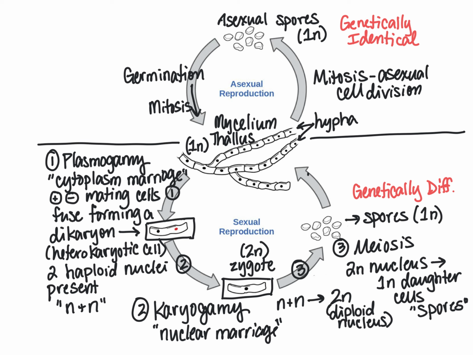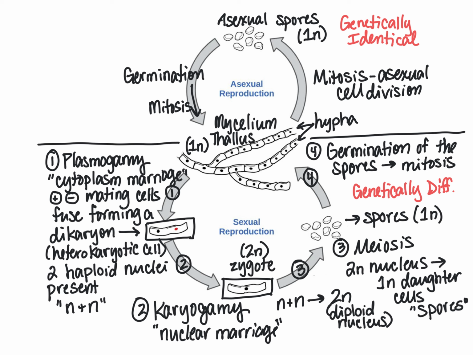The fourth arrow on this diagram stands for germination of the spores. If a spore lands in an environment that is suitable for it to survive, it is going to go through mitosis to form a new mycelium.